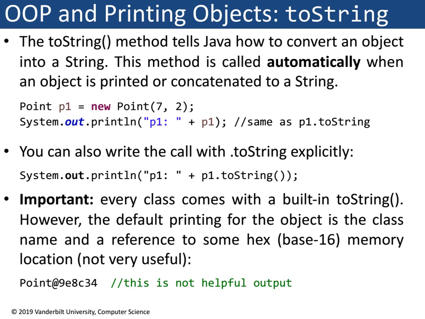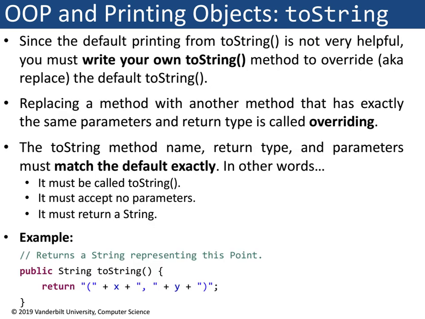And then we would either be able to say print line statement and pass our object as a parameter, or if we wanted to, we could call the toString method directly. So we're going to be writing our own toString method to override or replace the default toString so that we have something more helpful.